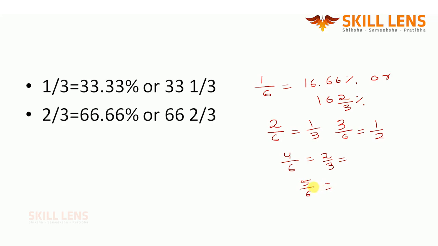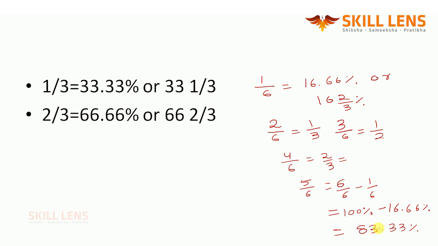Yes or no? Do you really need 5 by 6? Yes. But you know the logic. If you want 5 by 6, the next value is 6 by 6. So I can write this value as 6 by 6 minus 1 by 6, which literally means 100% minus 16.66%. That will give you 83.33%.